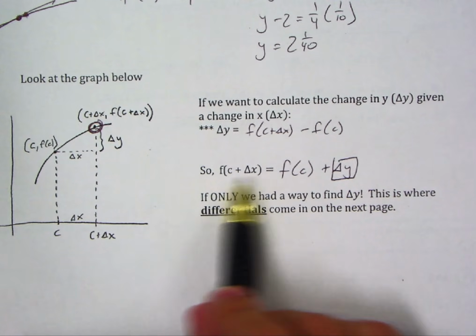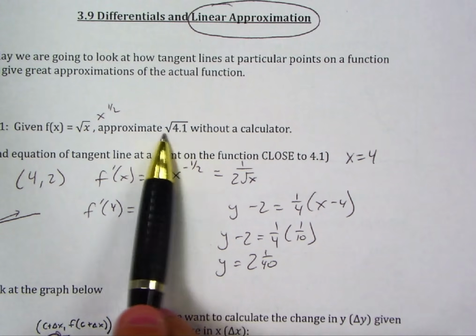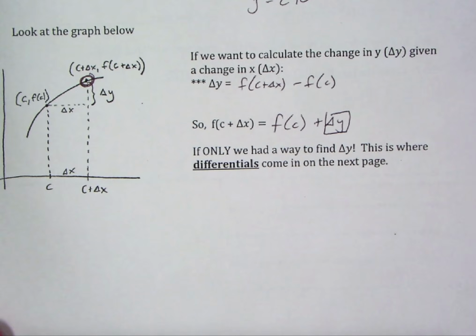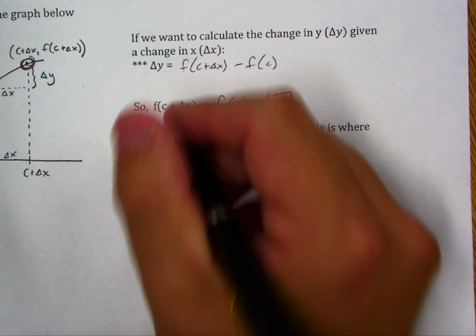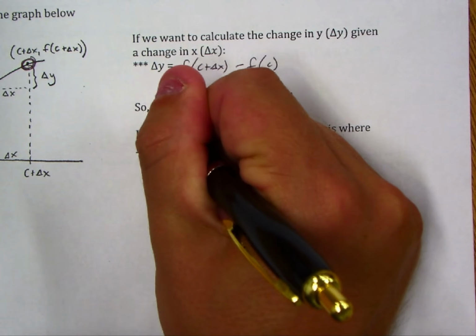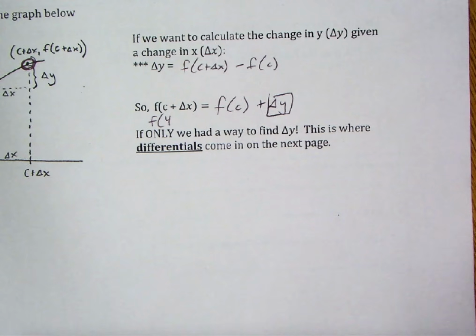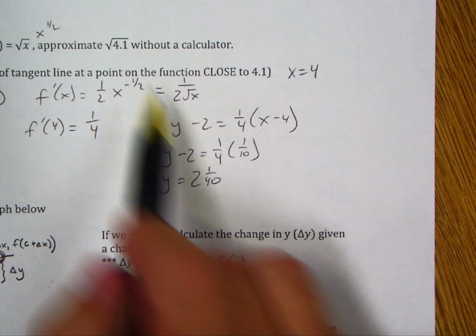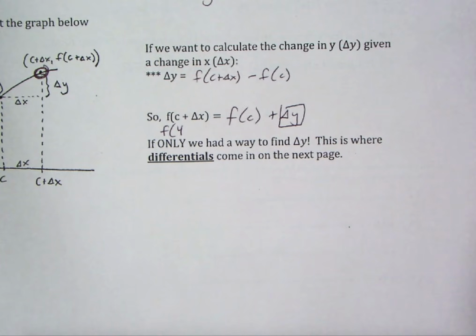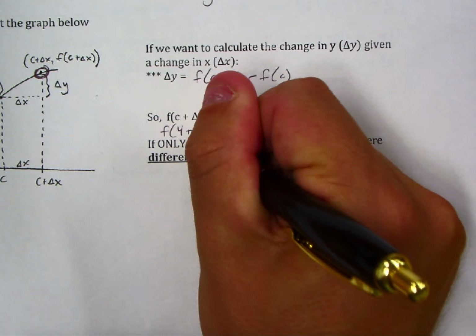So using this notation and correlating it with this whole example up here, what this means is this. Let's assume our x value is 4, going back to this last example. So the x value is 4, or c is 4. Well, from that value, we're trying to approximate 4.1. That means the change in x is 0.1, sorry.